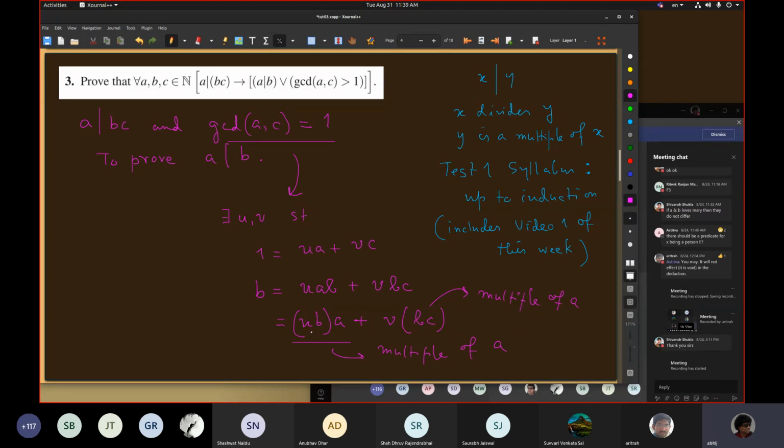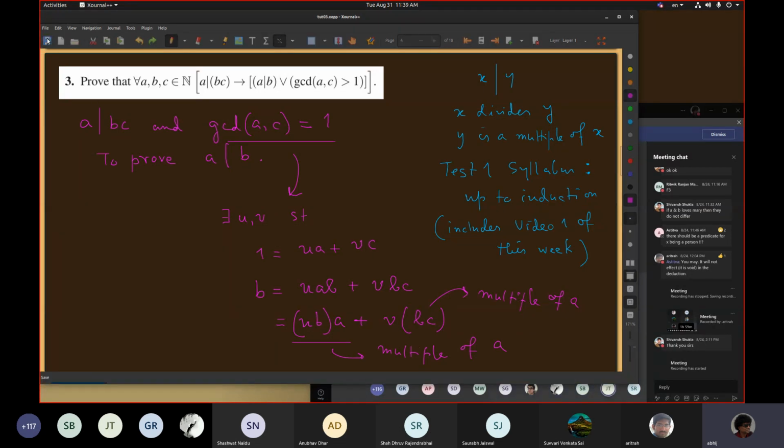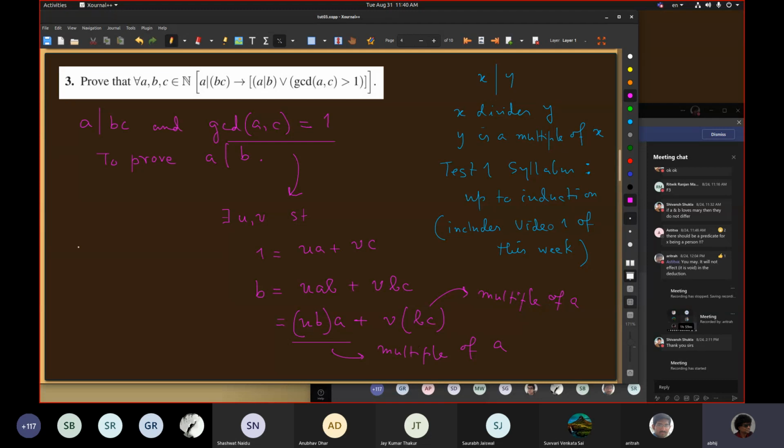Yes or no? Yes, sir. Sir, if A divides BC, then it is automatically the case that A divides B. No, why? Consider A equal to 4, B equal to 6, C equal to 10.